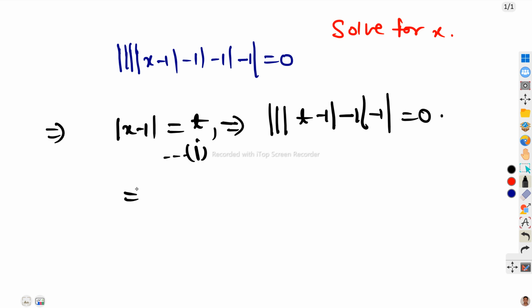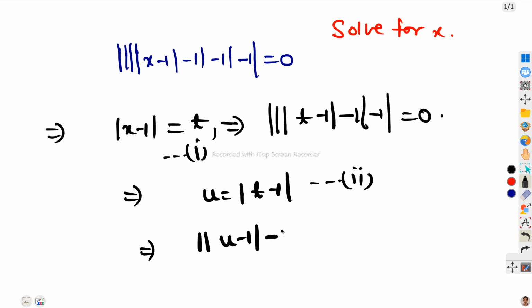Take this equation as 1. Again, take u = |t − 1|. Take this as the second equation. So the above equation changes to ||u − 1| − 1| = 0.